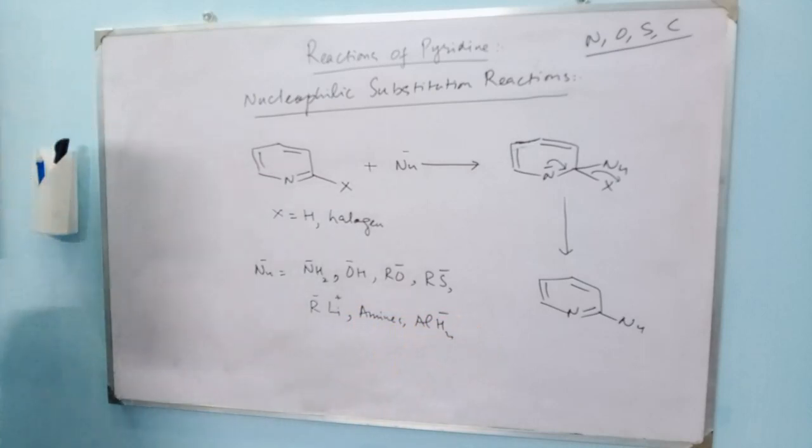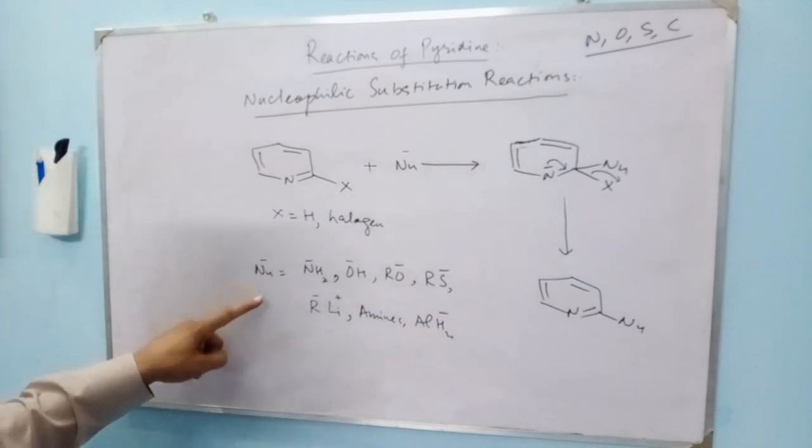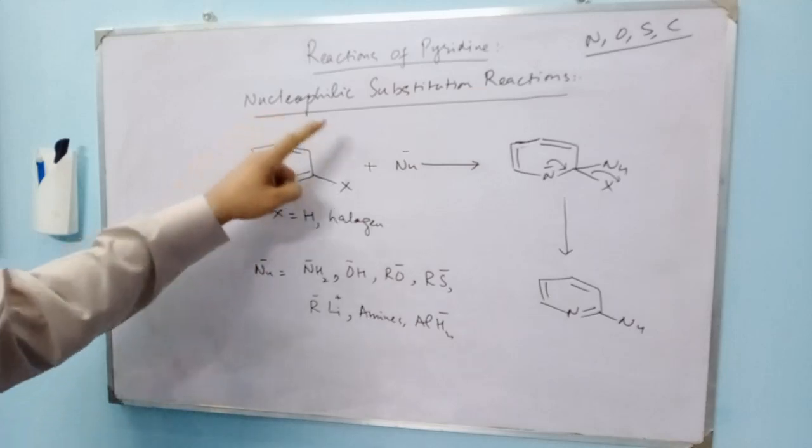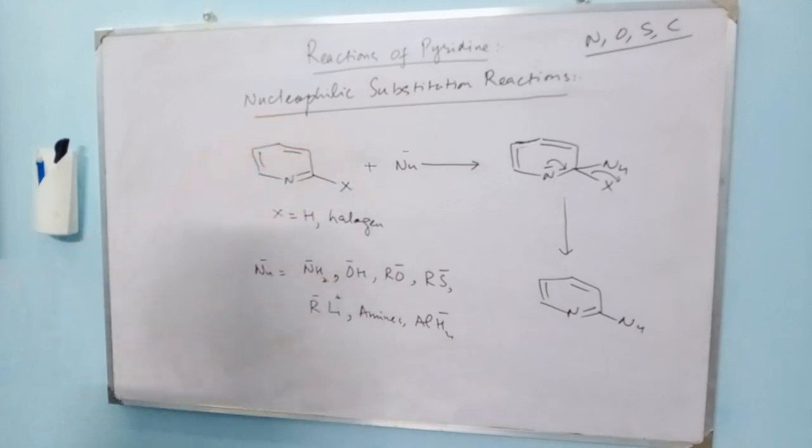So these are different nucleophiles which can be used to carry out nucleophilic substitution reactions, and this is the general mechanism how it takes place.